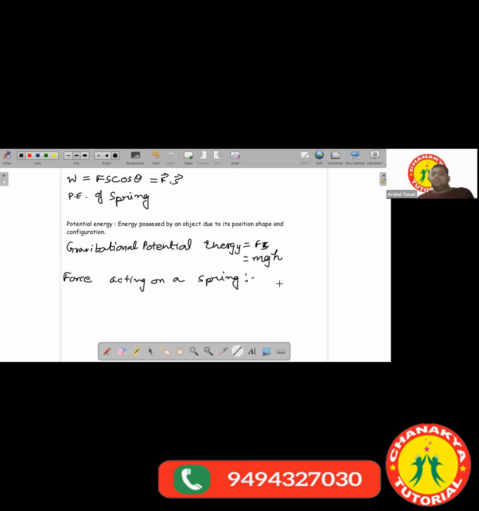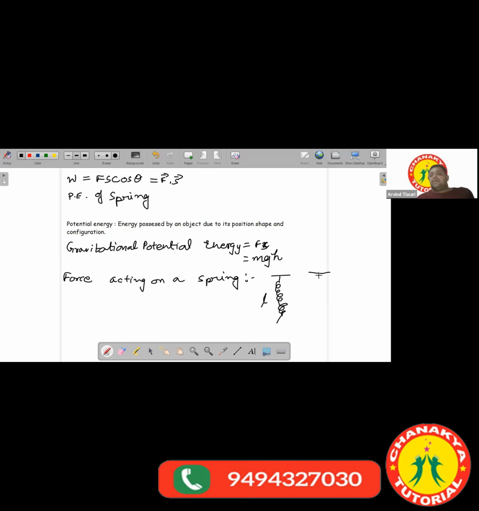See how it happens. Suppose we take a spring and load it with some weight. Initially, without loading, the spring has some length L.